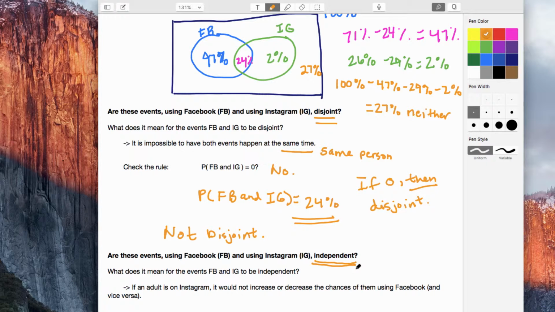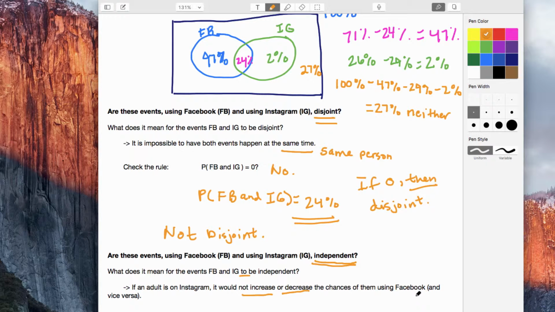Being on Facebook won't change your chances of being on Instagram. Being on Instagram will not change the chances that you're on Facebook. So what does it mean for these events to be independent? If an adult is on Instagram, it would not increase or decrease the chances of them being on Facebook, or vice versa. You can just exchange the words Instagram and Facebook, and you still are giving a sentence that talks about independence.